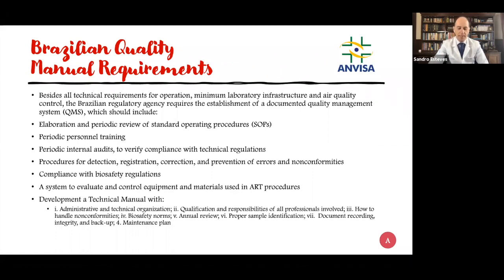So basically, this is a very detailed list of things that we need to accomplish, not only including, for instance, infrastructure, in which they provide very specific requirements for, let's say, air quality control. But one thing that is quite interesting is that in this directive, they included the need, which is mandatory, to have a quality management system implemented.